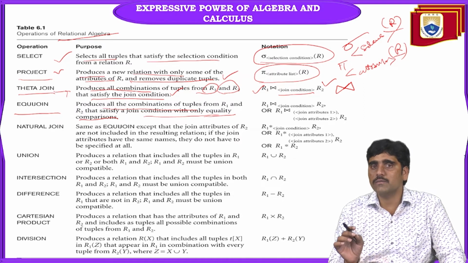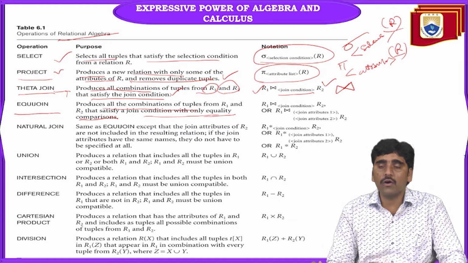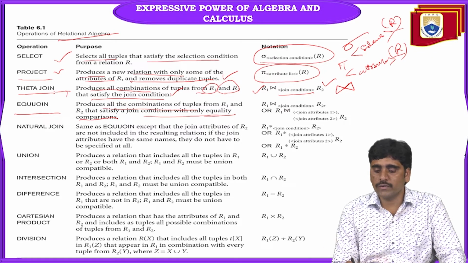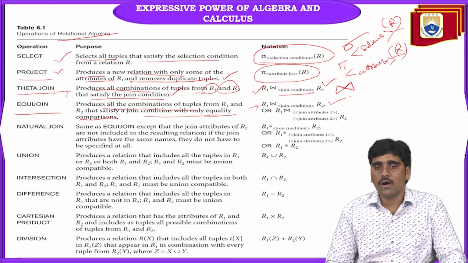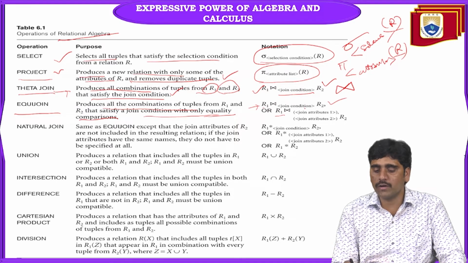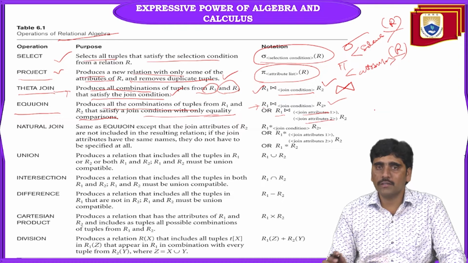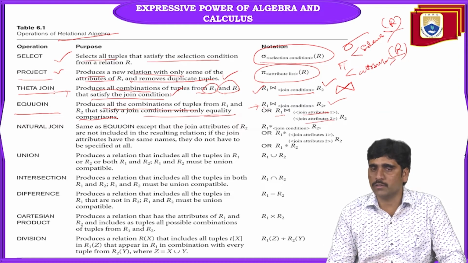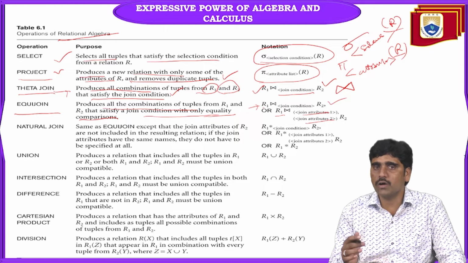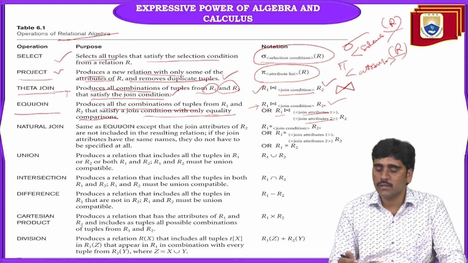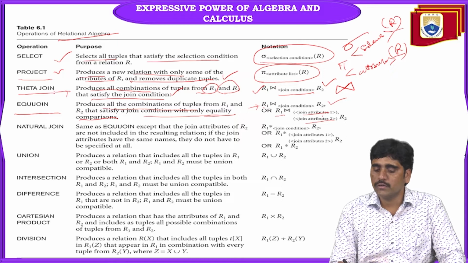We can represent it as R1, join type and join condition, R2. Or else you can specify R1, join type, join attributes 1, join attributes 2. Join attributes means the fields you want to join the two tables on: the names, the IDs, the age, the marks. You can take any of the columns from the two tables.